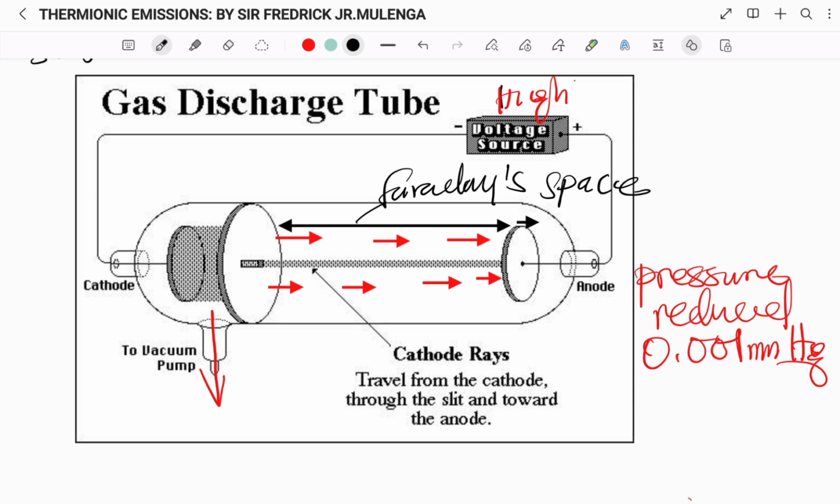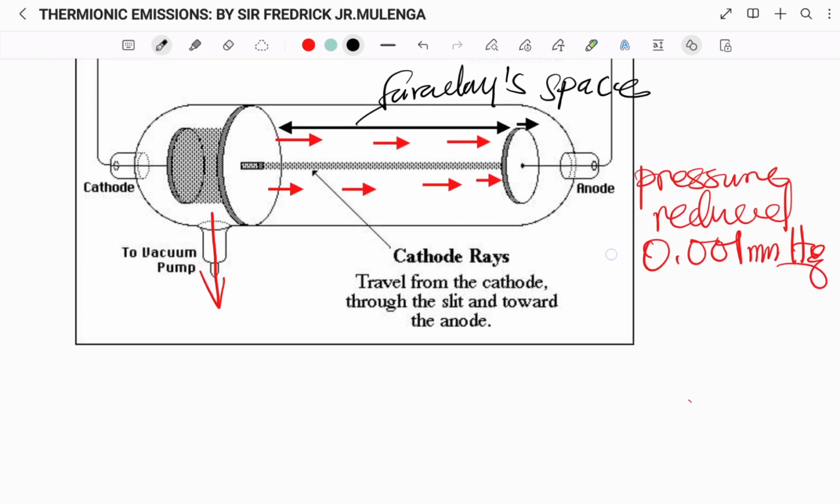When there were air particles inside the tube, they could not see the current, but when they reduced the pressure, the cathode rays were produced. So the presence of too much air inside the tube increased the pressure, which is not required for production of these cathode rays.